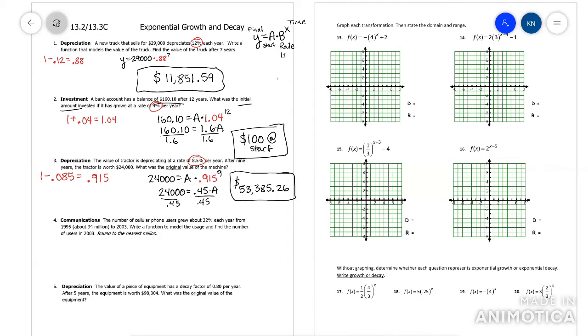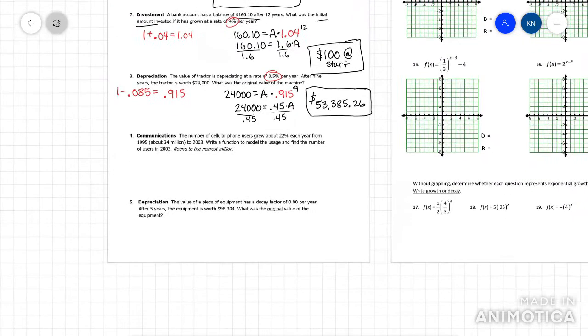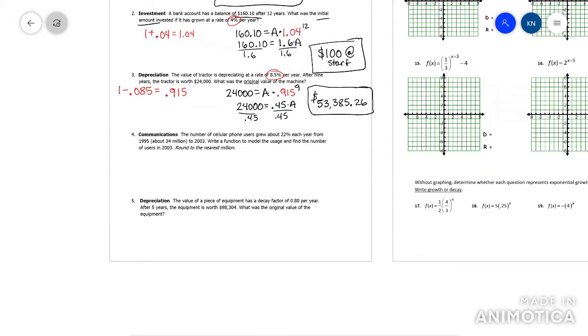All right, the next one, there's cell phone users growing 22% each year. So I would go get my rate right there. So we're growing, so it's 1 plus 22%, which is 0.22. So your rate, your B value is 1.22. Now, they say from 1995 to 2003.